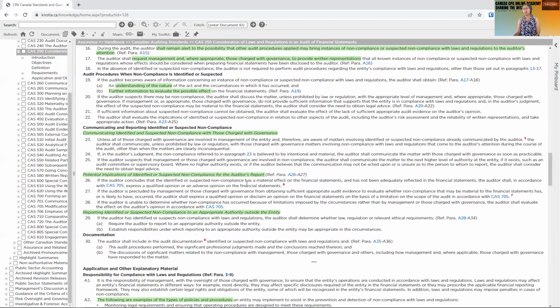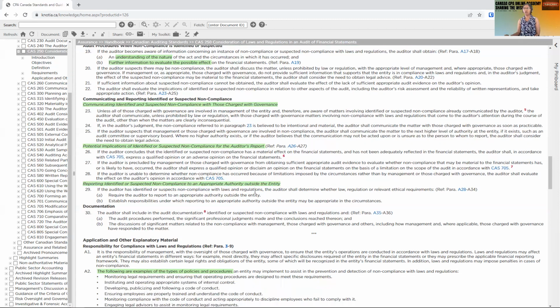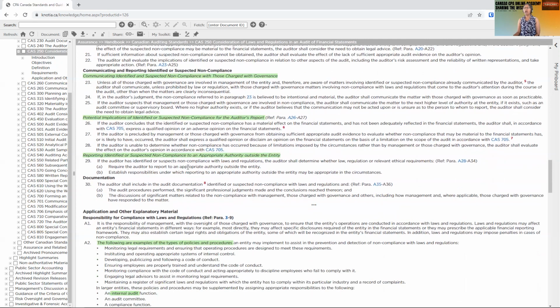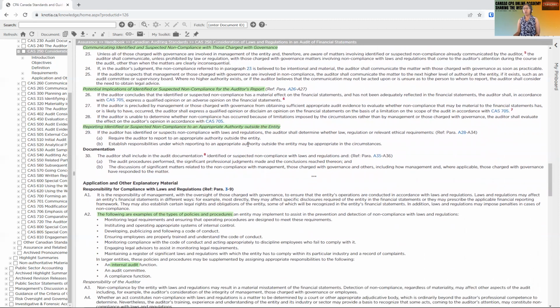So it could have an impact on the opinion expressed by the auditor. And in some circumstances where the non-compliance is criminal or fraudulent in nature, there might be a requirement to report that non-compliance to the appropriate authority, like the police. So there could be a requirement on that side.